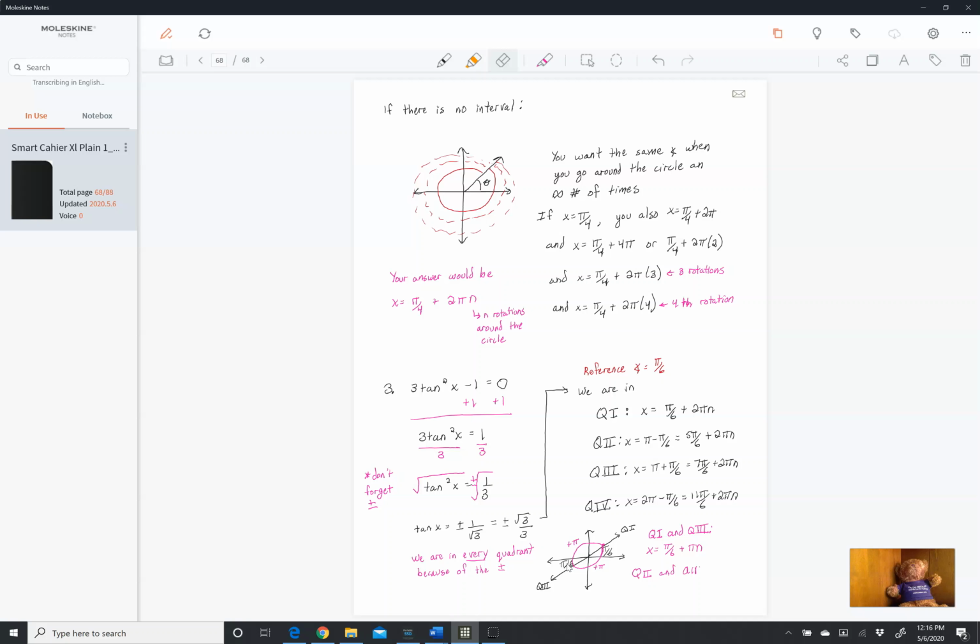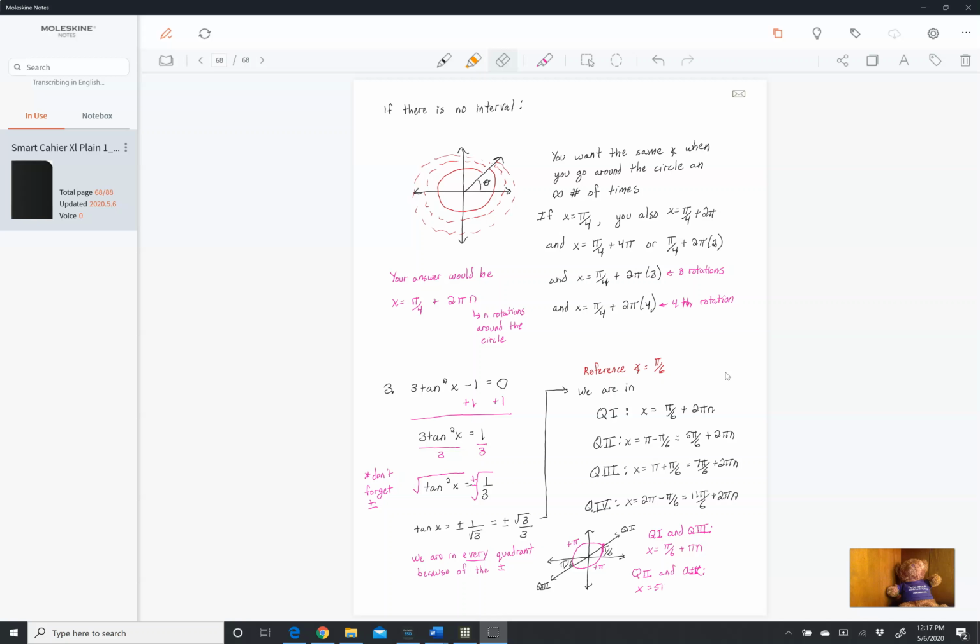Once I find the angle in quadrant 2, I can also find the angle in quadrant 4 in the same way.